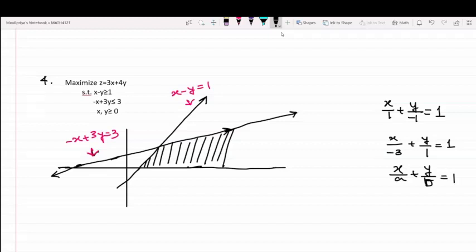We cannot have a polygon that would mark the feasible region. It can extend to infinity. So this is a case where the linear programming problem can have an unbounded solution.